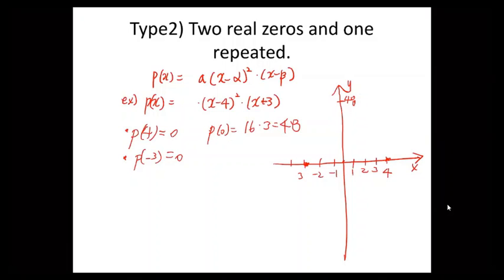Okay, so how about when I plug in some number less than -3? We know that between -3 and 4, you have to go up and down again, right? But what if before -3? So -4, what happens? -4 minus 4 is -8, and squared that's 64, a positive number. And then -4 plus 3 is -1, so you have -64.